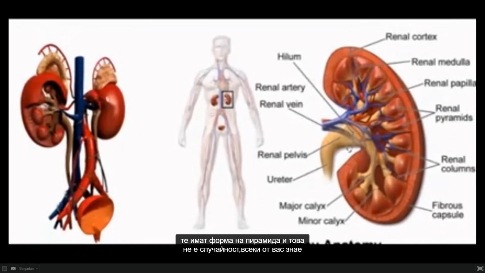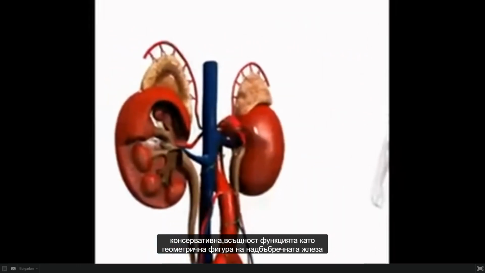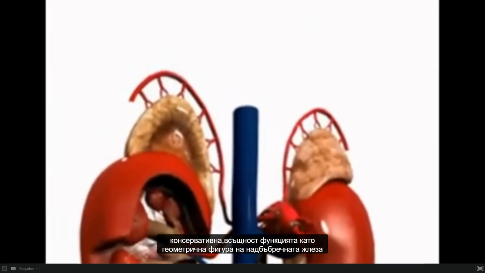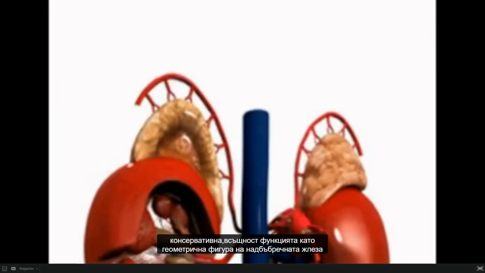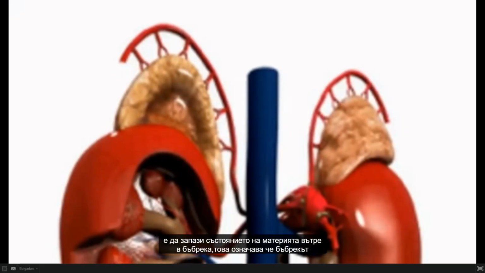Every one of you knows the pyramid. This is the shape where matter is just conserved. Actually, the function of the geometrical figure of a renal gland is to conserve the state of matter inside of the kidney.